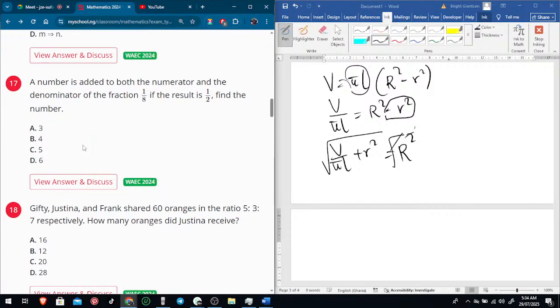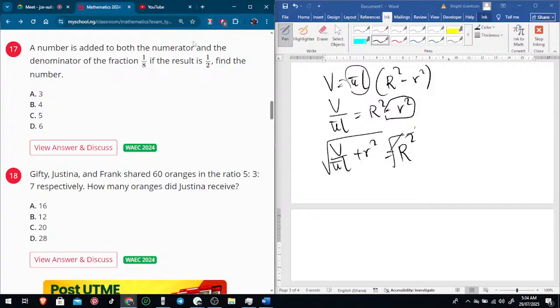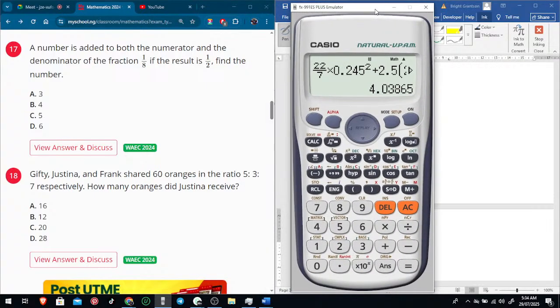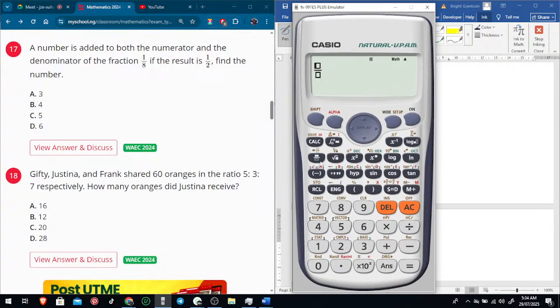A number is added to both the numerator and the denominator of a fraction 1 over 8. If the result is half, find the number. So let's go and punch it on the calculator. It says a number is added to both the numerator and the denominator.